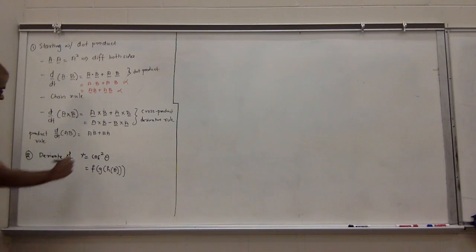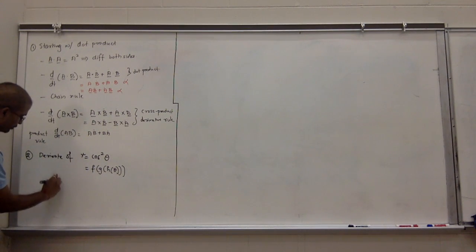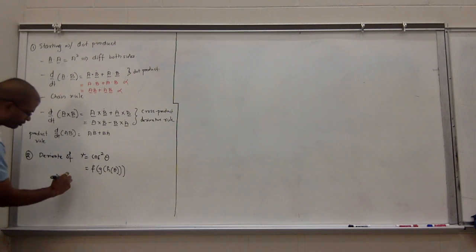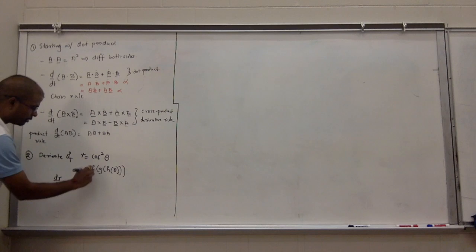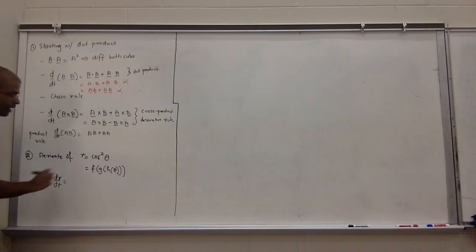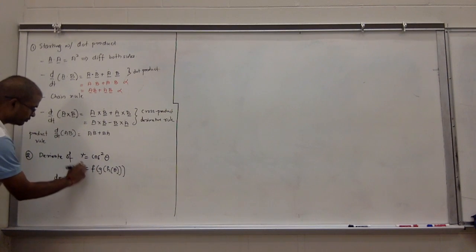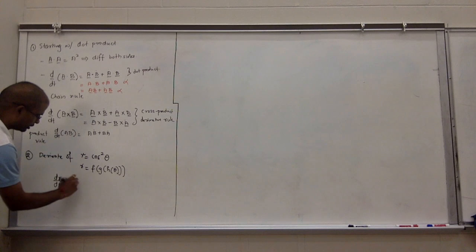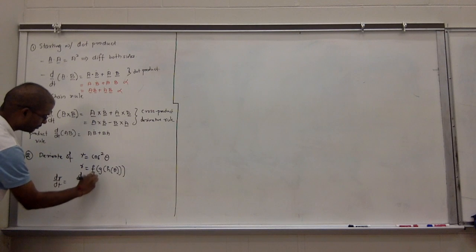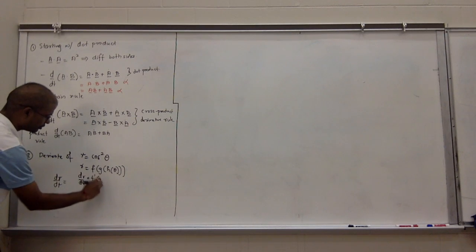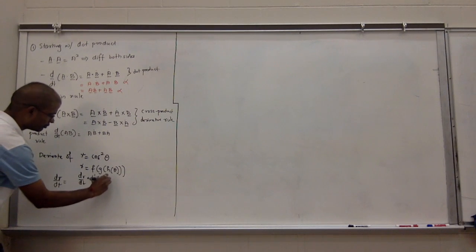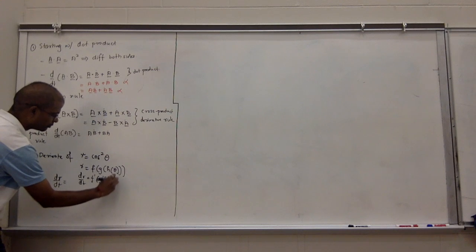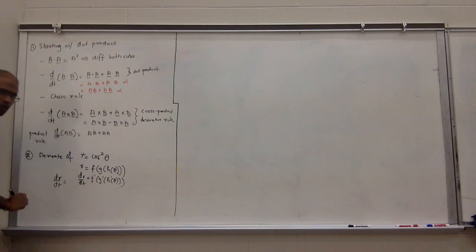If you take the complete derivative of this, dr over dt, it will be f prime, g prime, h prime. That is your chain rule.